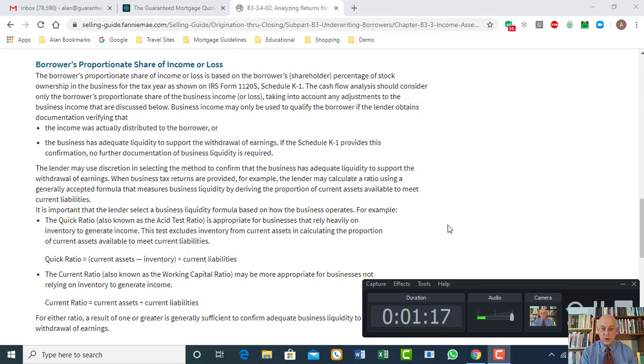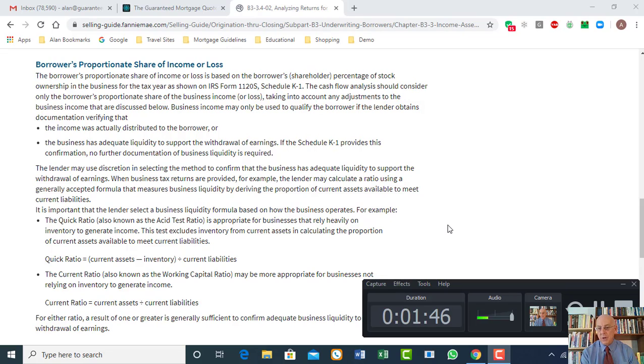And then there's a current ratio, which is more appropriate for businesses not relying on inventory to generate income. And that ratio, just as the ratio above, divides current assets by current liabilities, and usually a result of one or greater. So if there's more current assets than current liabilities, the business is assumed to have had sufficient liquidity for the income distribution.